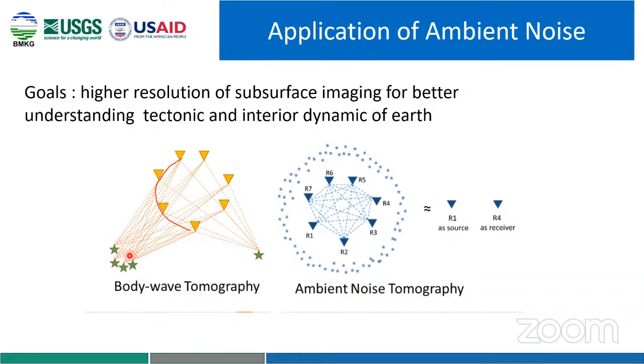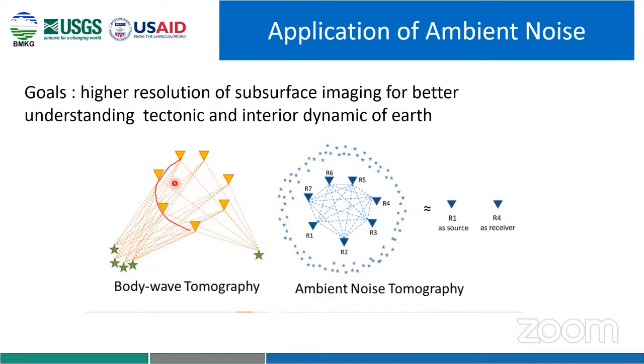In body wave tomography, we cannot control the location of the source, and the density of rays is also affected by the number of earthquakes that happen in the area. But in ambient noise tomography, we can control the station density to get a higher resolution within the area we want to image.